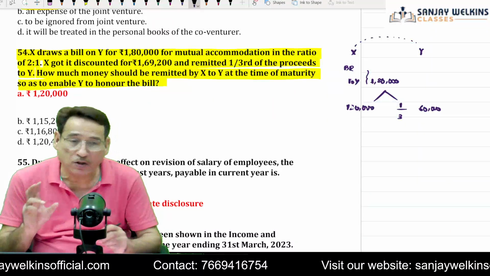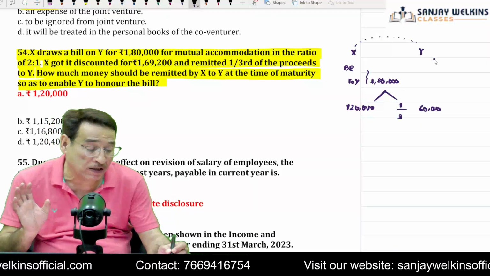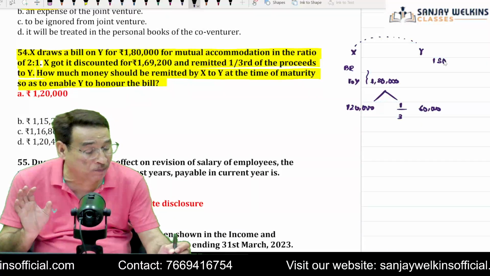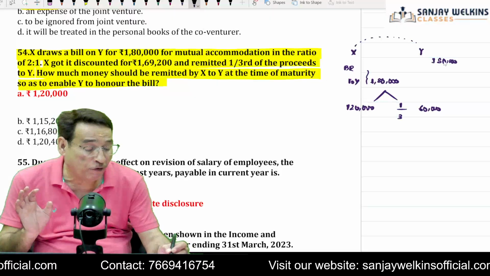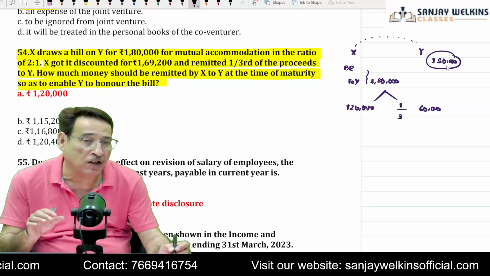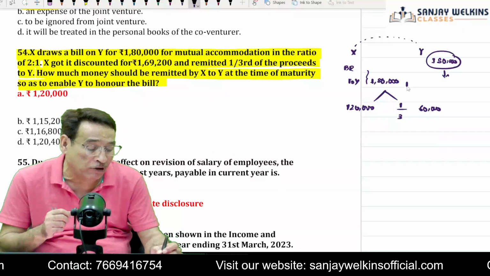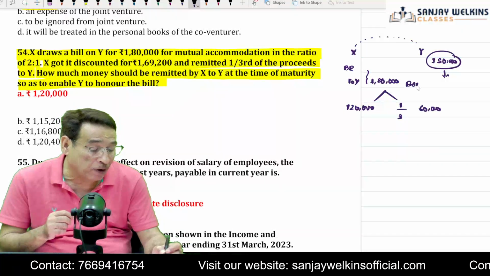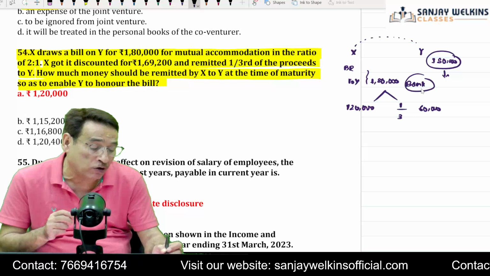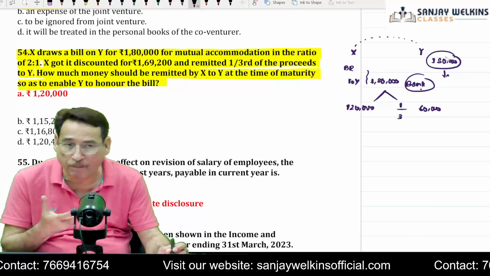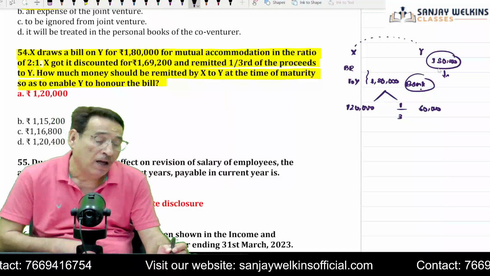But what you need to understand is that because the bill has been accepted by Y, on the maturity date, Y is supposed to pay 1,80,000 to the party who will come along with that particular bill. Of course, the bank, because this bill has been discounted. Now this bill is with the bank and the bank will approach on the maturity date and ask Y to pay.